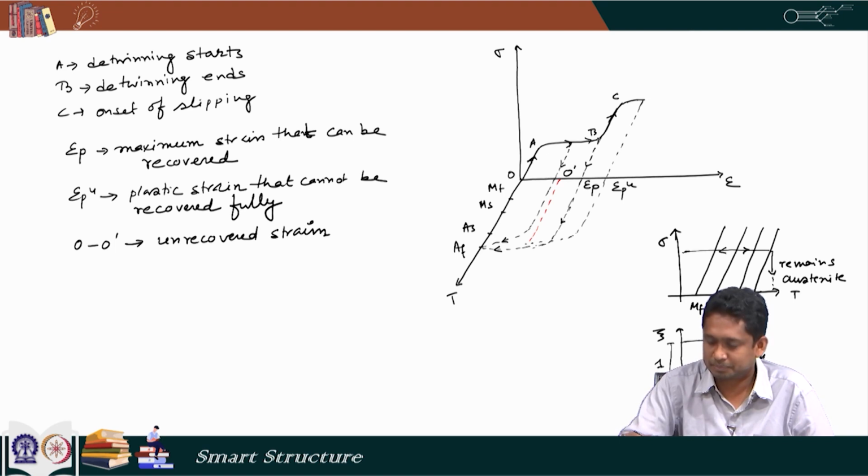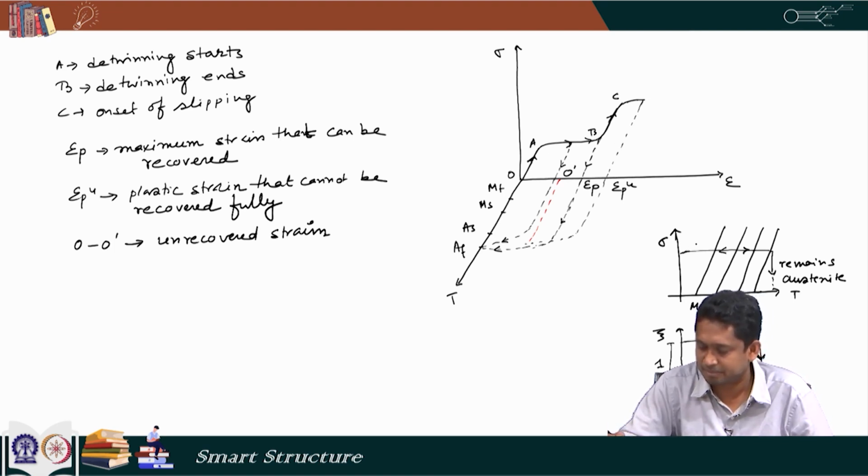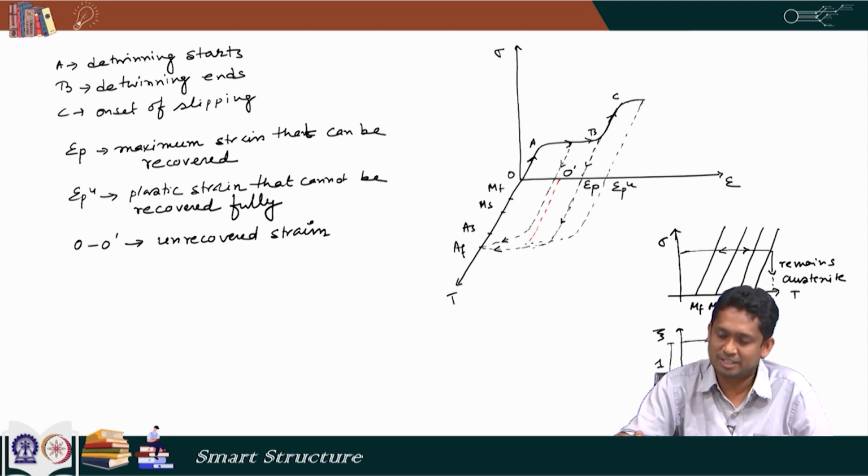Now, from here, once it has become stress induced martensite, I can unload it, and if I unload it, it will again follow the same path and it will show some amount of remaining strain like it is shown here, epsilon p, and then on heating from here, it comes back here, and the material becomes again undeformed.